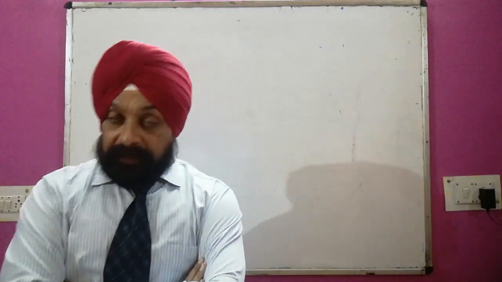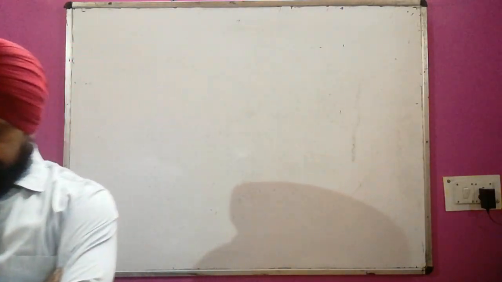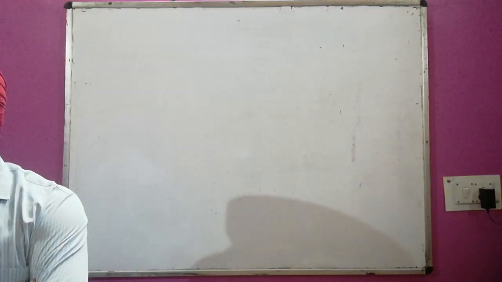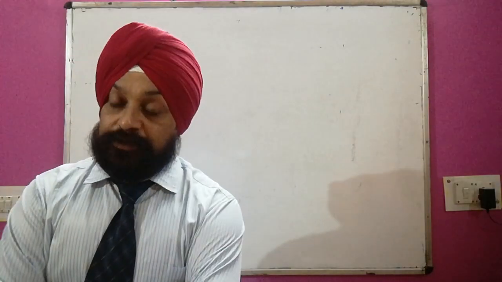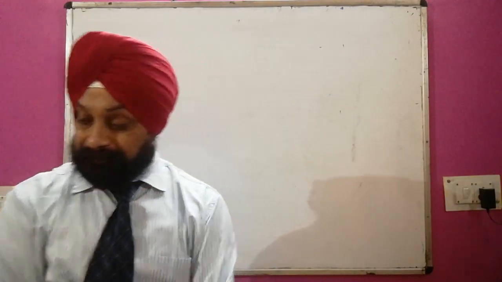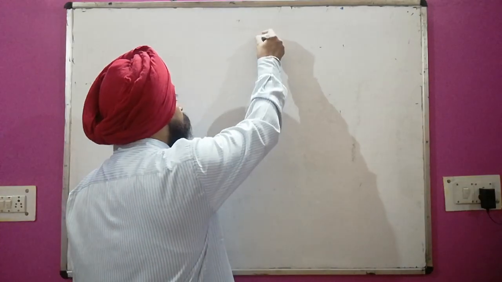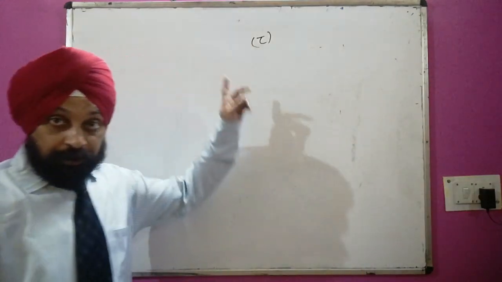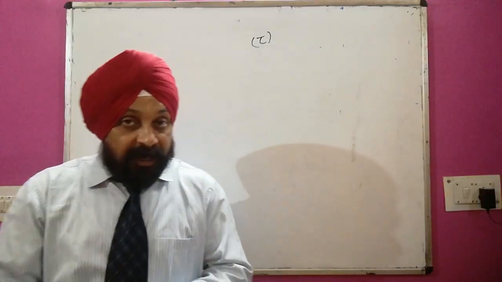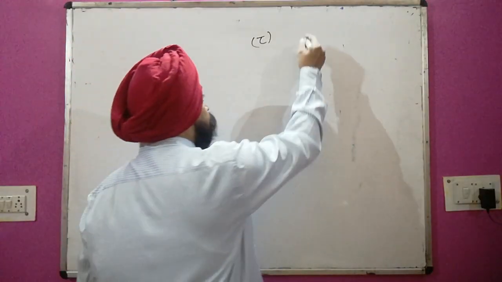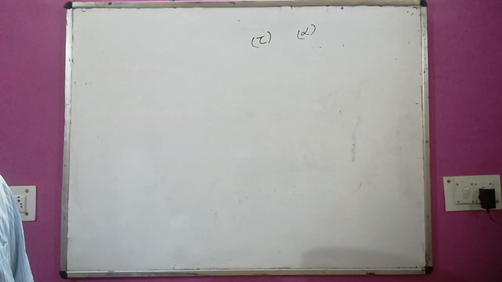Please write: let a body rotating about an axis be under the action of torque, within bracket write it, torque, with constant angular acceleration alpha.